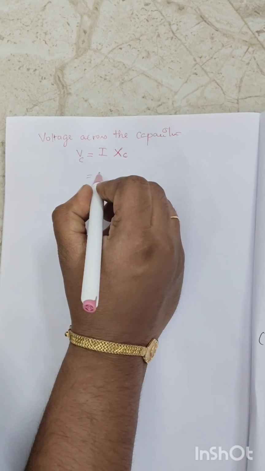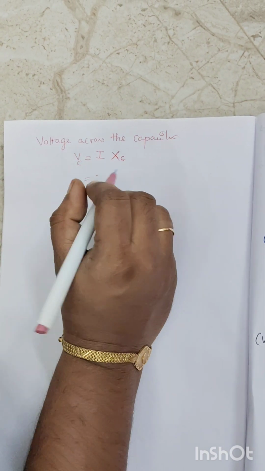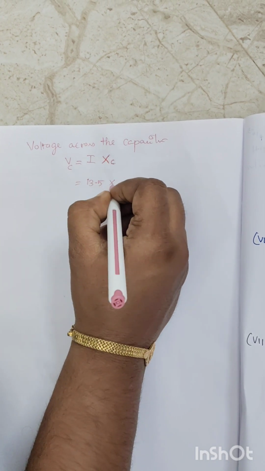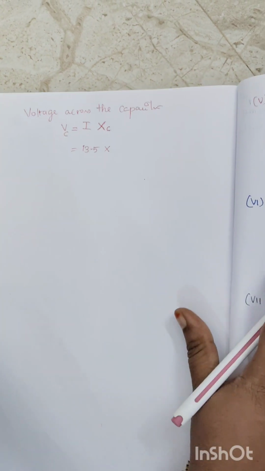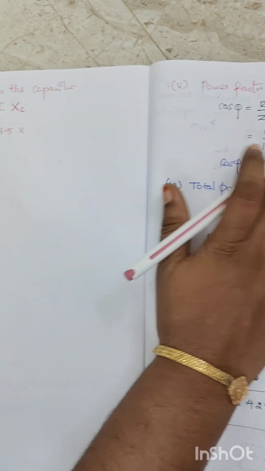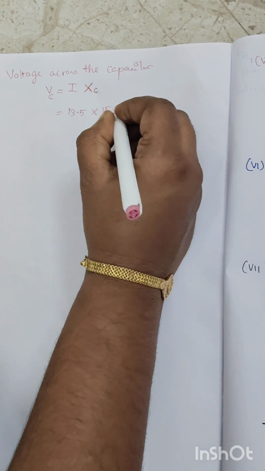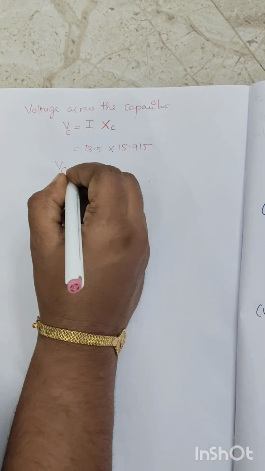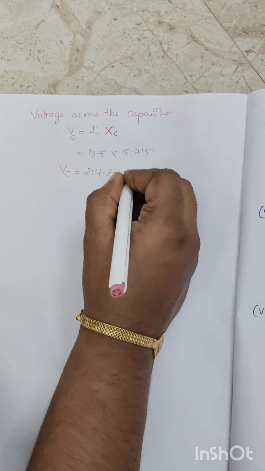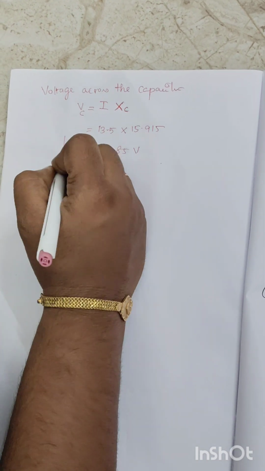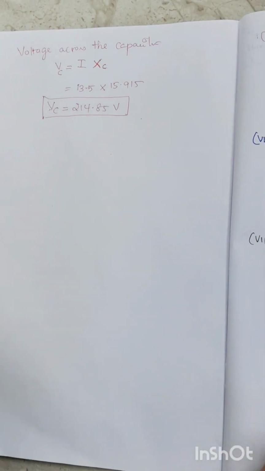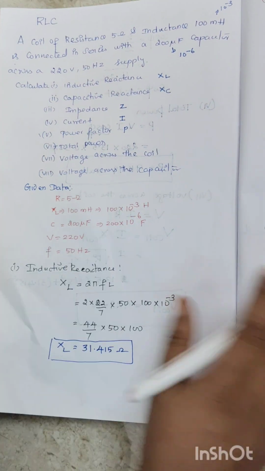The I value is 13.5 into the XC value, already found, 15.915. Substitute and multiply the values. VC is equal to 21.25. The unit of voltage is volt. That's it. This is an RLC combination.